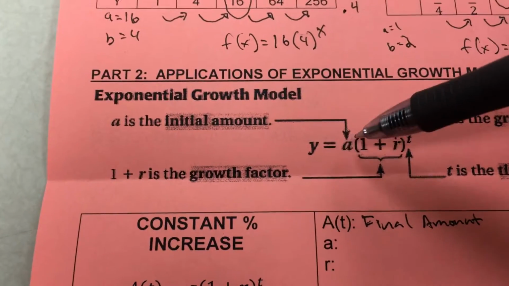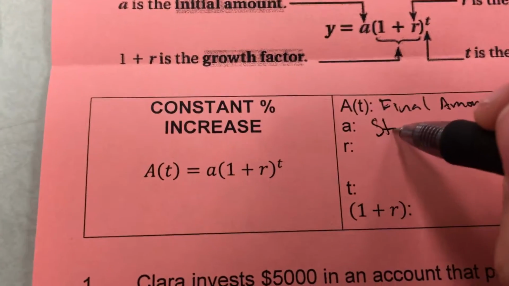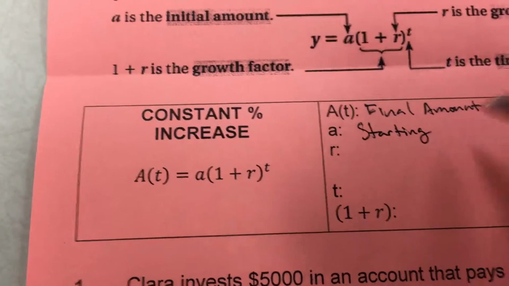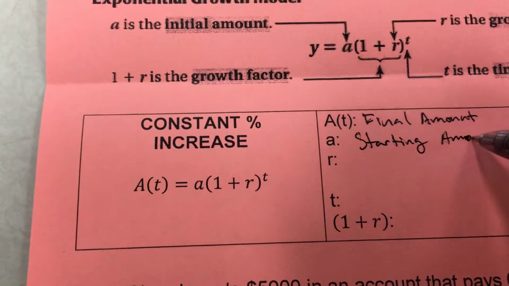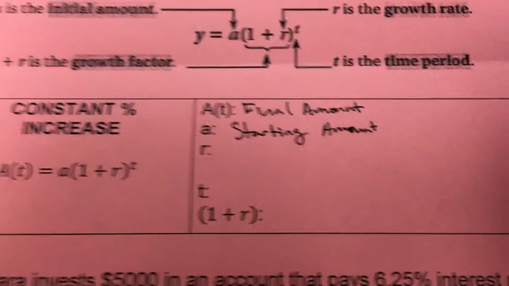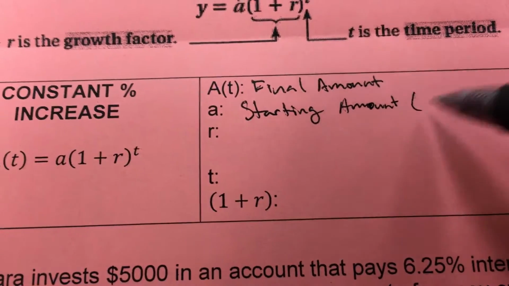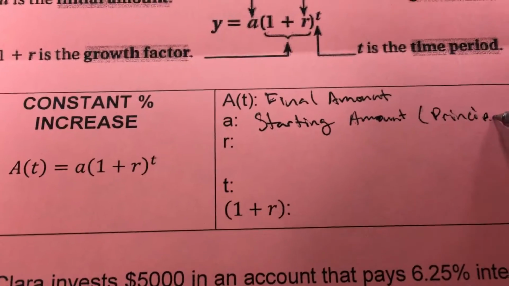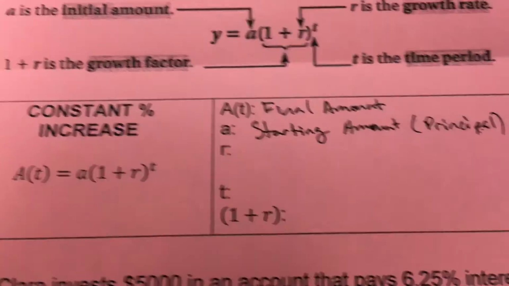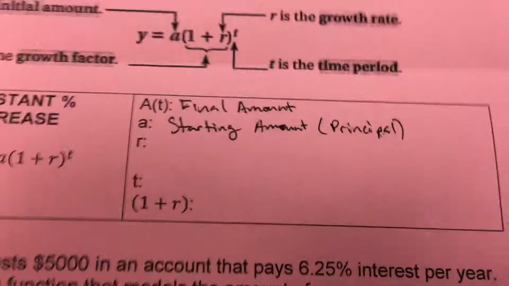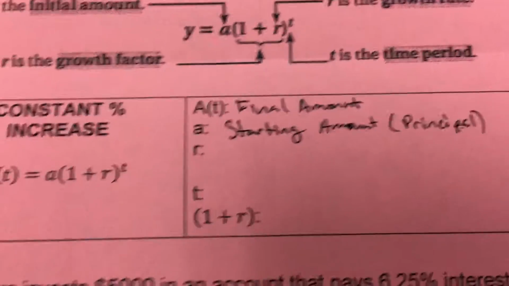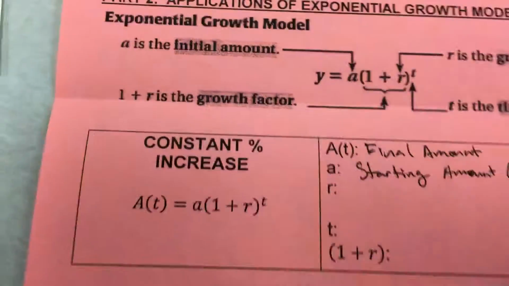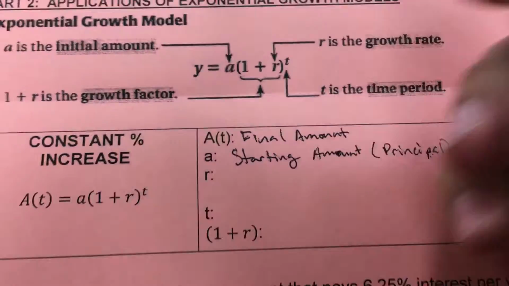A, well, we already see that up here. Up here, A is your initial amount, or I'm going to say starting amount. If this is a problem that was dealing with money, they might call it the principal. Okay, so starting amount, or if it was dealing with money, they might call it the principal. And then you have how much is the percentage of an increase.